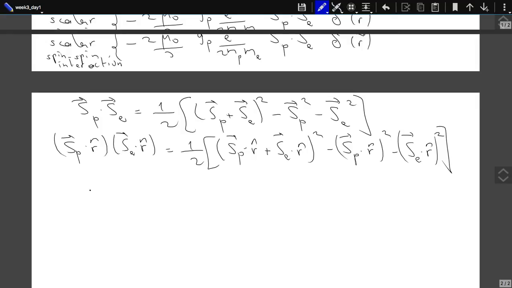So basically, both. What is this one, by the way? Se dot r hat squared. Okay, this is equal to h bar squared times... What is Sp dot r hat? Se dot r hat, along the r direction.